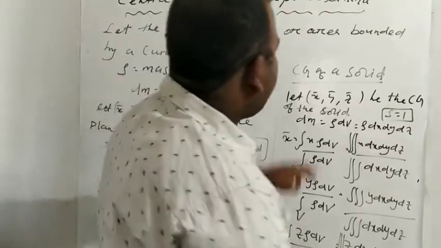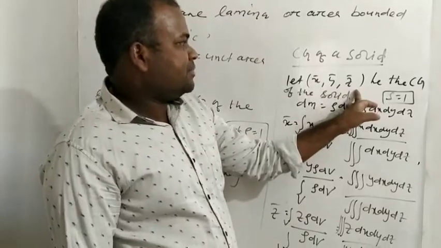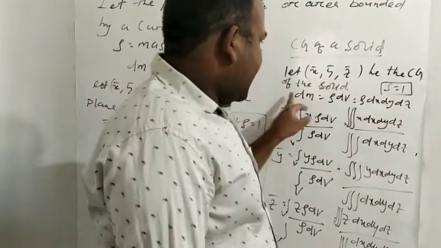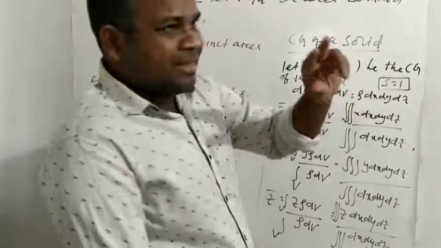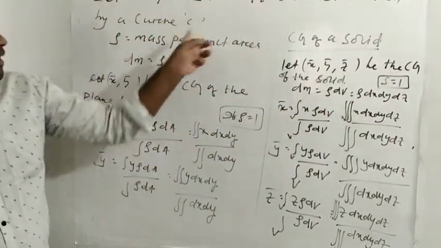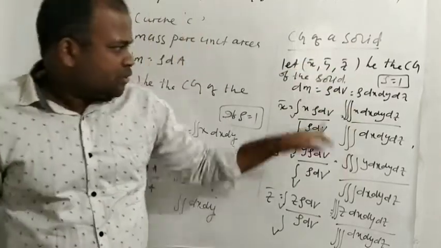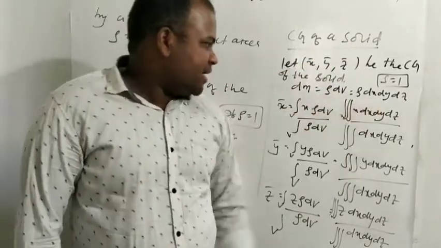Similarly, you will find the center of gravity of a solid. Let x bar, y bar and z bar be the CG of the solid, and dm equals rho into dv. In case of an arc, it is rho into ds; in case of a plane lamina, rho into dA; and in case of a solid, rho into dv. The value of dv is dx dy dz.